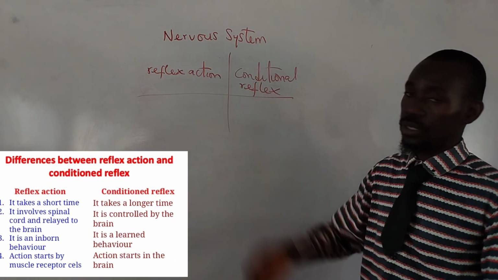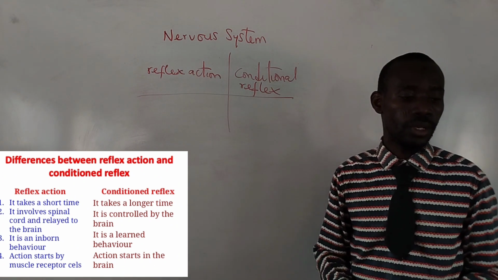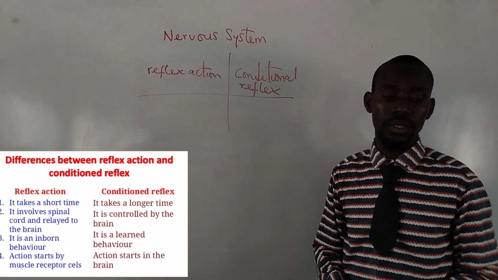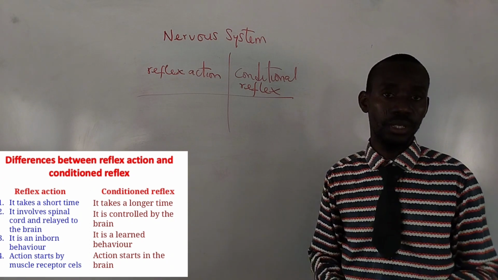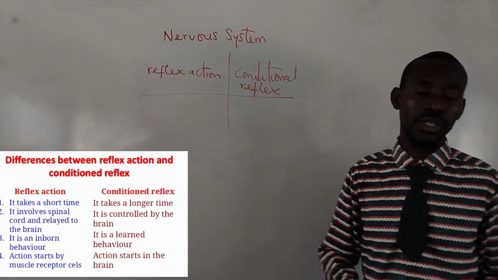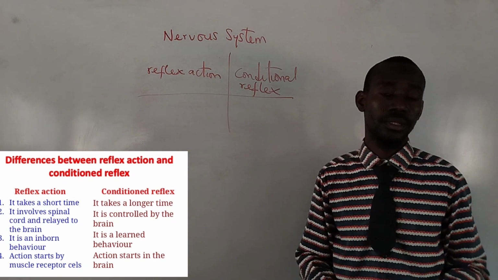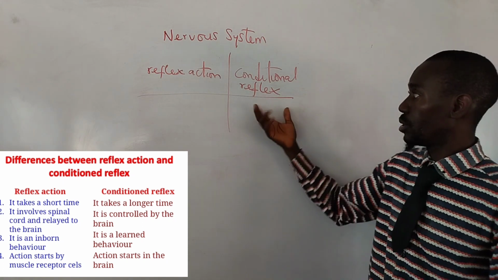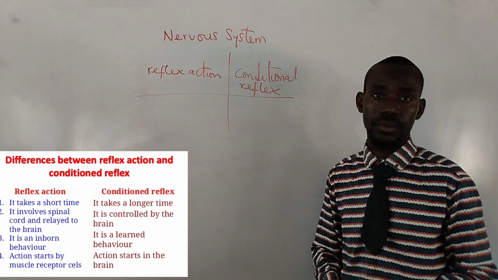A conditional reflex takes a longer time to occur. The reflex action is controlled by the spinal cord and relayed to the hindbrain, while conditional reflex is controlled by the brain. Reflex action is an inborn behavior. Conditional reflex is a learned behavior.